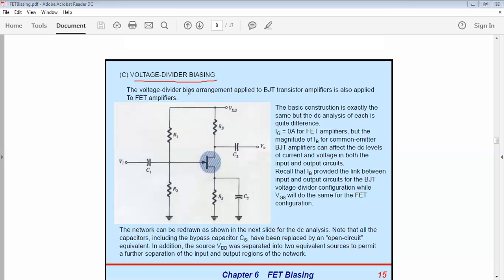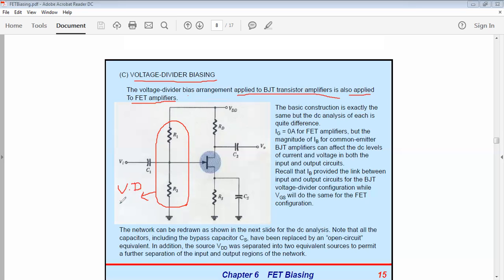The voltage divider bias arrangement applied to BJT transistor amplifier is also applied to FET amplifier. The structure is R1, R2, RD and RS. This R1, R2 divides the voltage. This is the voltage divider network.